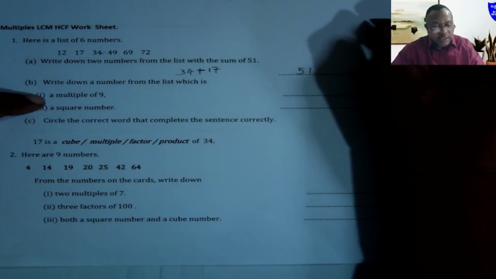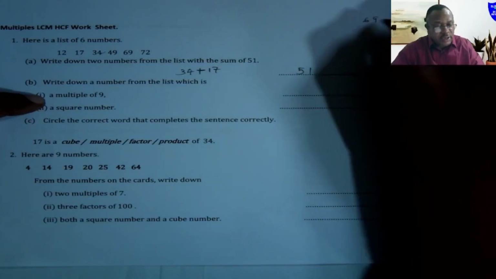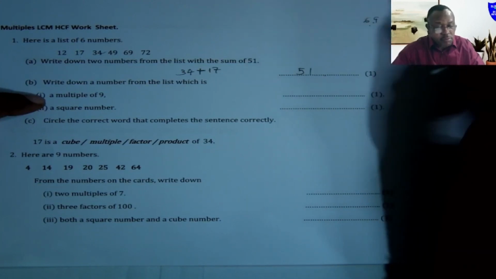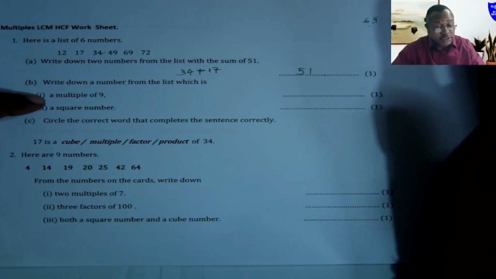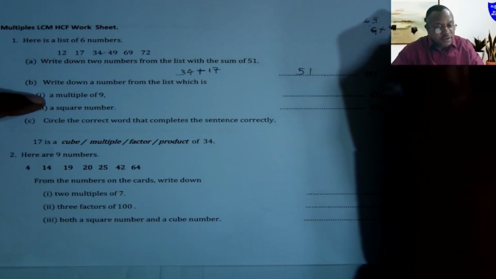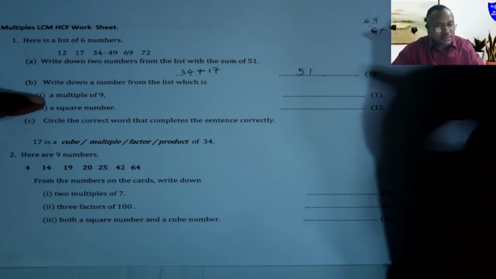Right, now 69, you think of 69. Can 69 be divided by 9 exactly? I doubt it. But if you have 9 times 9, what you get there is 81, right?